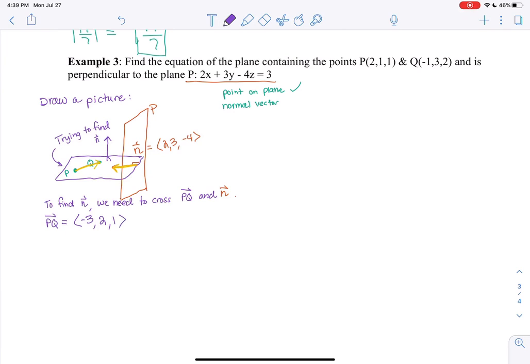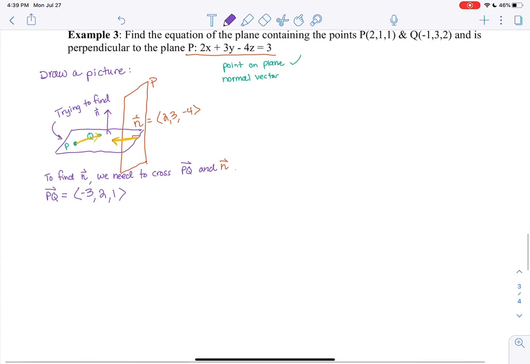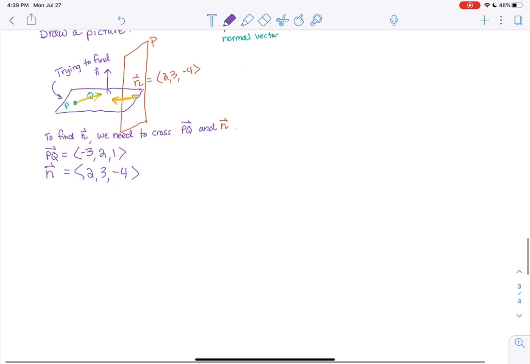And we know our N, this N is 2, 3, -4. Then we just cross those two together. So we'll do PQ crossed with N. So -3, 2, 1, 2, 3, -4.